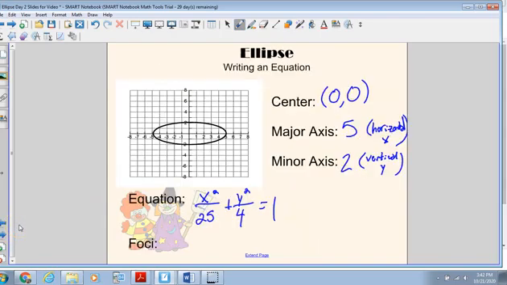Okay. We also had this one where we had the equation, and we had the graph. We found our equation. Let's find our foci right here. Since this one is horizontal, our focus points will be (h plus c, k) and (h minus c, k).